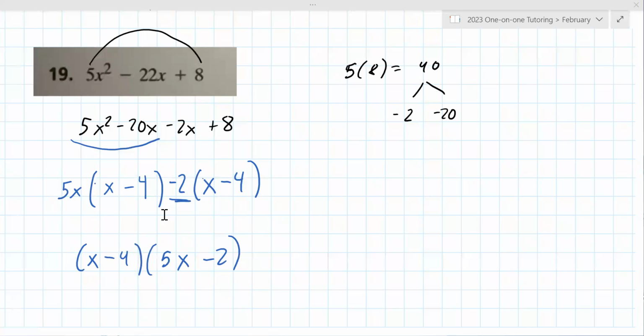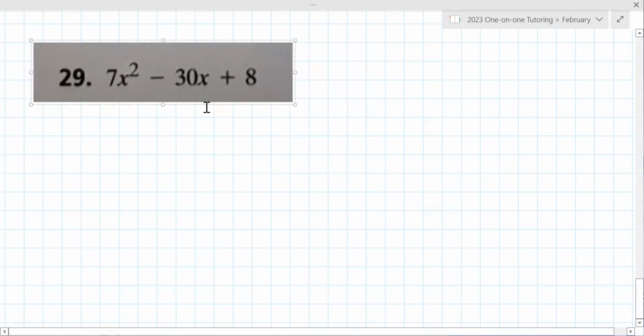It's very repetitive. All right, now I'll have you try one on your own. Try 29 here. I'll snip it in. It's just like the last two we've been doing. Please give that a try, and let me know if you have any questions along the way.